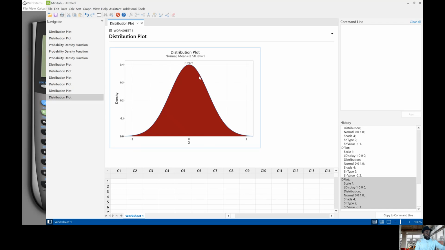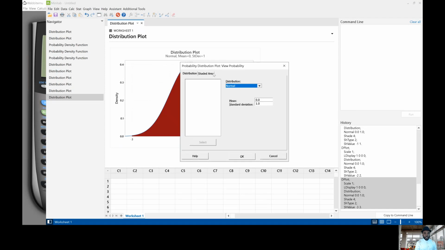Now, if I ask you to find the Z scores that give the area between the top 2.5% and the bottom 2.5%, how would we go about it? Okay, so I'm going to show you in Minitab, since we're right here in Minitab. I'll bring back this last operation, and this time around, take it back to probability.